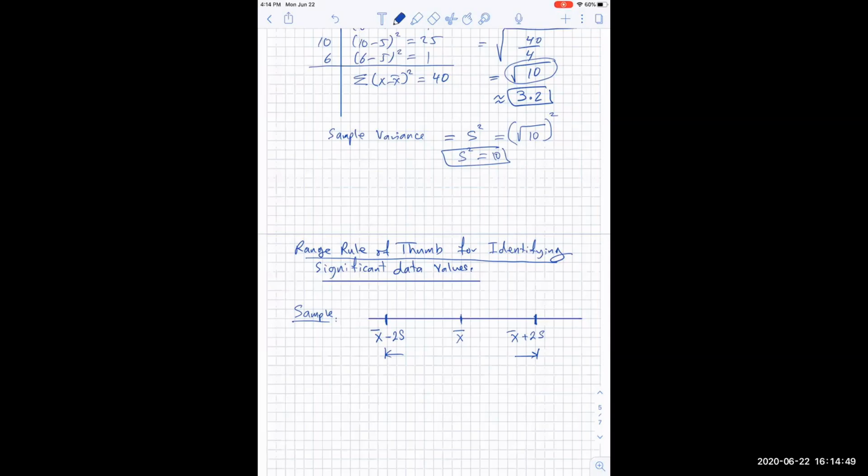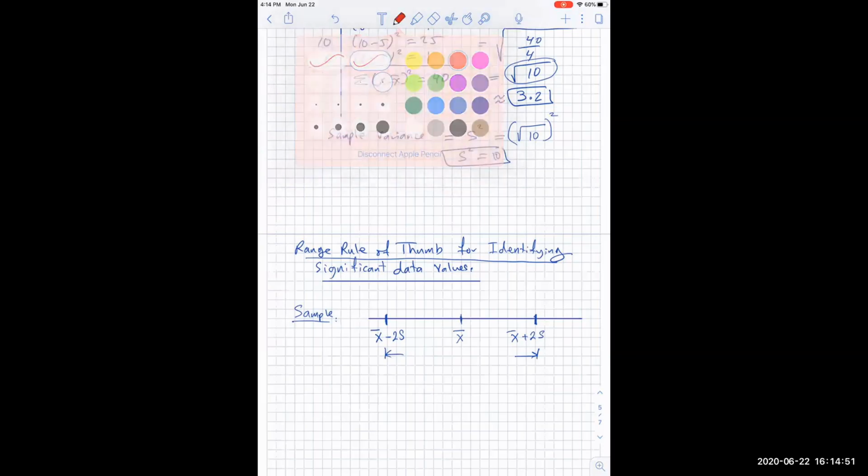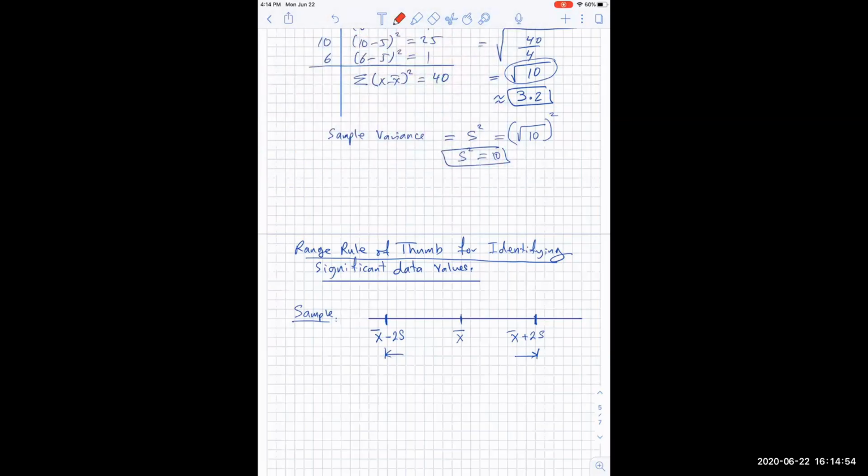Now, when I do a dot plot, if my data value is within this range, if my data value is here, or here, or here, all of these data values in the dot plot are considered not significant because they are within two standard deviations from the center.